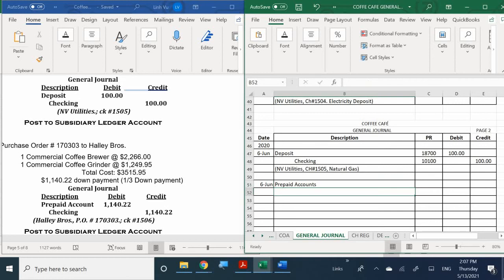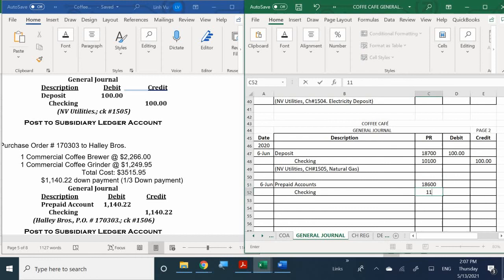All right, so here we are. Prepaid accounts, okay, and checking. Let's see, prepaid account was, you said 18,600? Yeah.